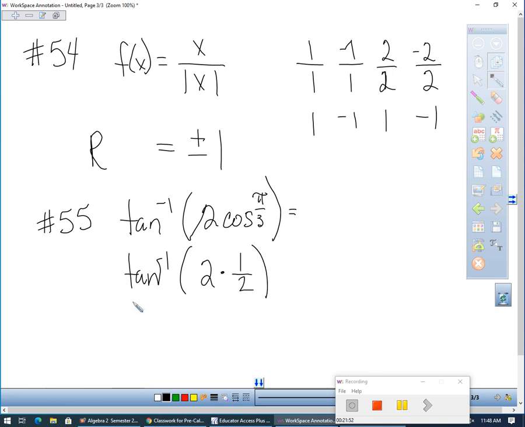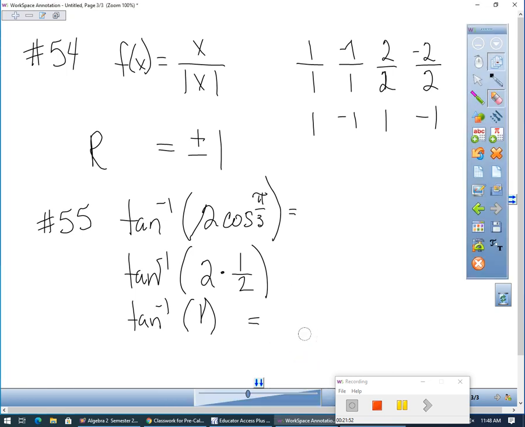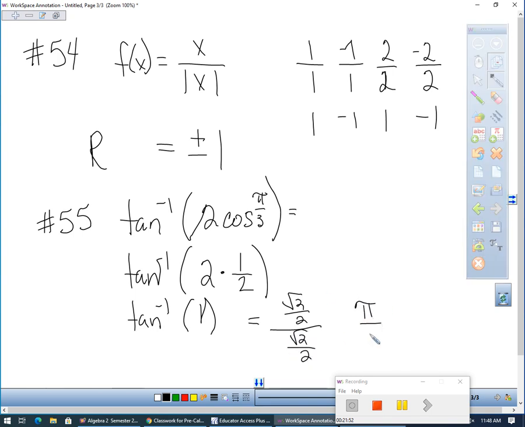So then really what we want is the tangent inverse at 2 times 1/2, which is 1. And tangent is 1 at square root 2 over 2 over square root of 2 over 2, which occurs at pi over 4.